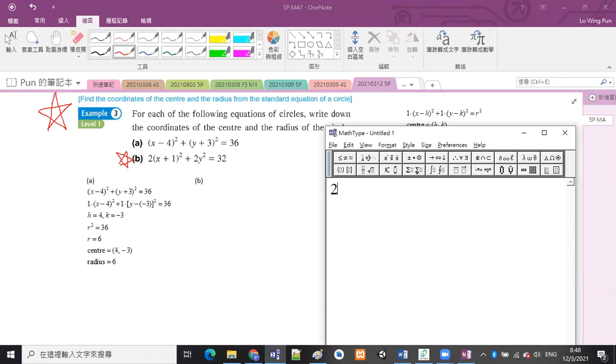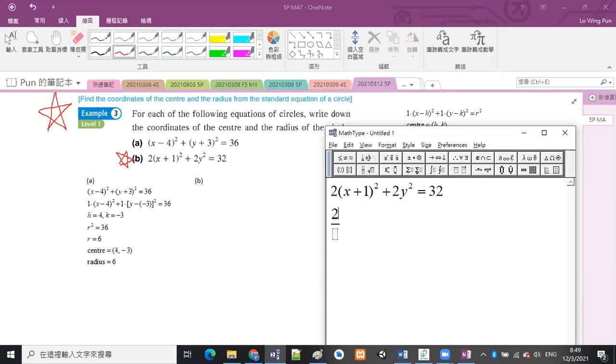Part B, now we have 2 times (x plus 1) squared plus 2 times y squared is equal to 32. Okay, first, they are not multiplied by 1 in front of the bracket. So we need to change from 2 to 1. We need to divide the whole equation by 2.